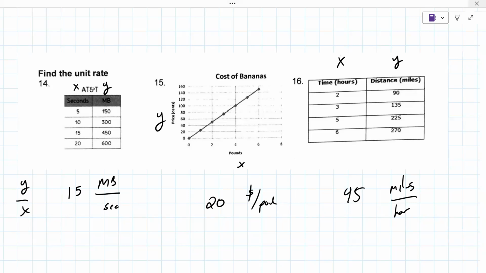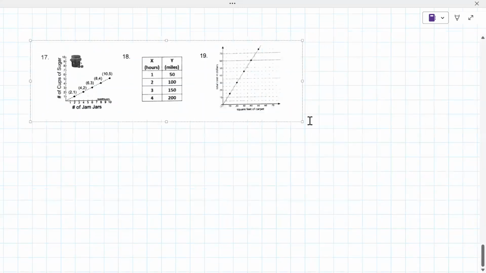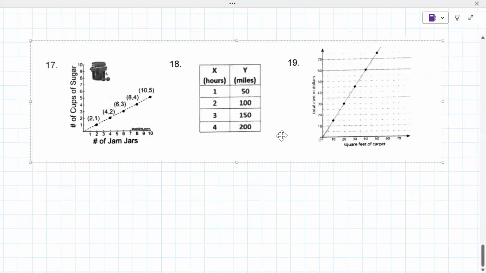Okay, let's do three more here. But for 18, doesn't it just give you the answer?